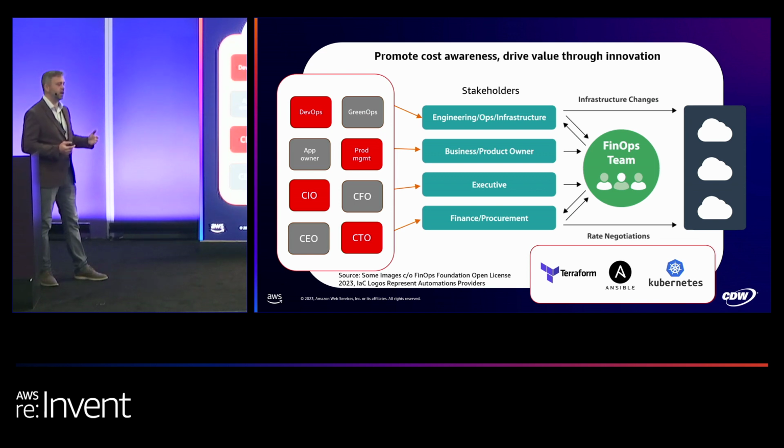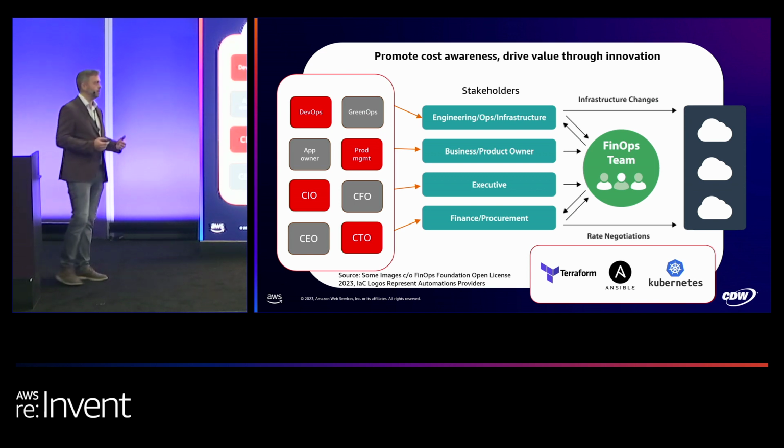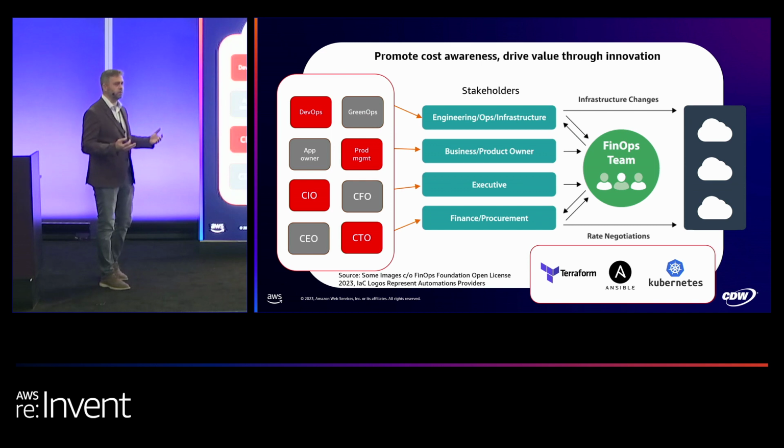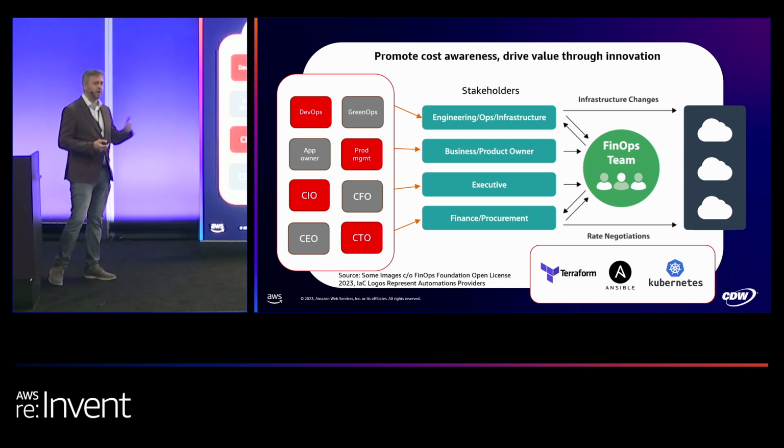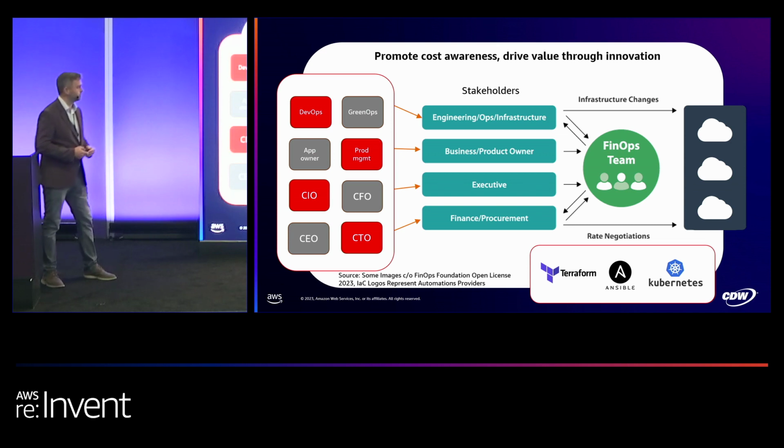Because sometimes it's not always about saving money. It's about unlocking value for innovation. Especially in an economic downturn, you want to find creative ways to unlock your potential, to unlock savings so that you can still do the projects that might have been on the cutting room floor.